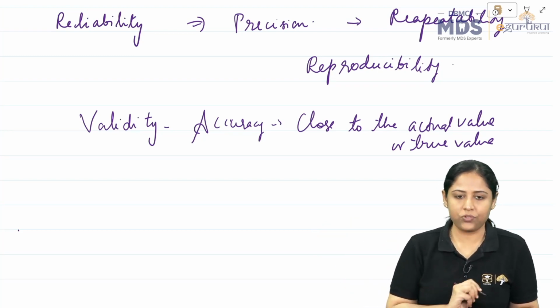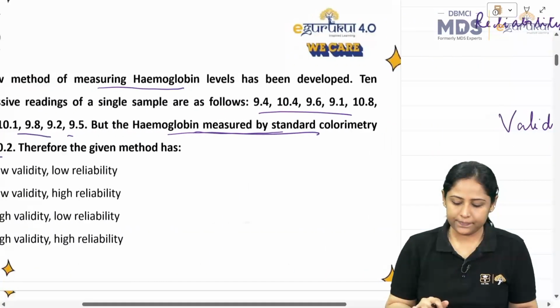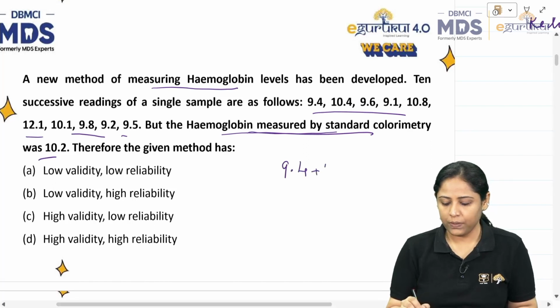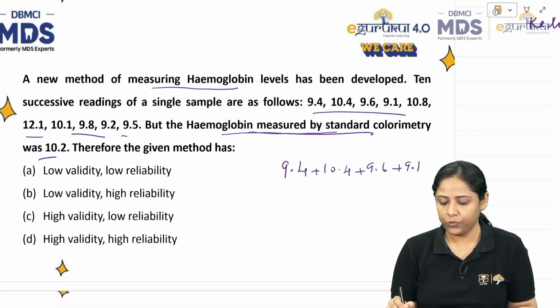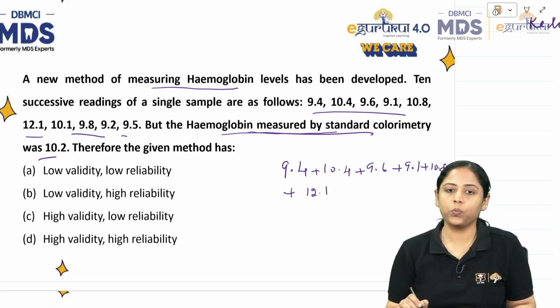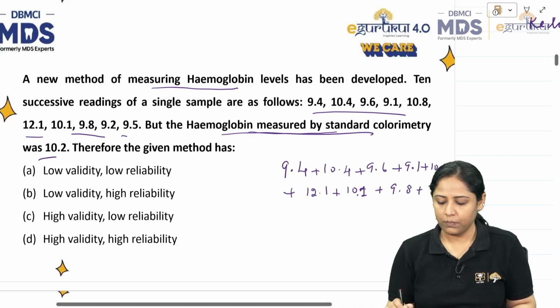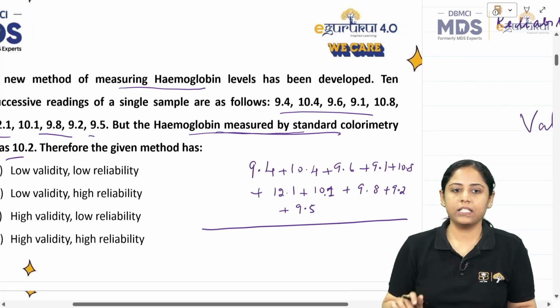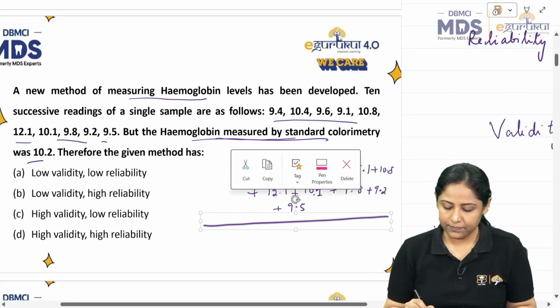So in our question, if we take the mean: 9.4 plus 10.4 plus 9.6 plus 9.1 plus 10.8 plus 12.1 plus 10.1 plus 9.8 plus 9.2 plus 9.5, which are these successive readings, divided by 10.